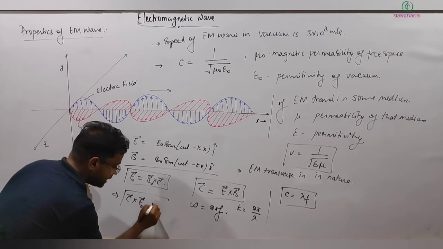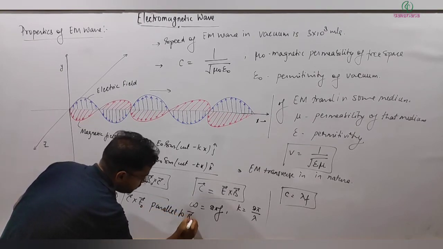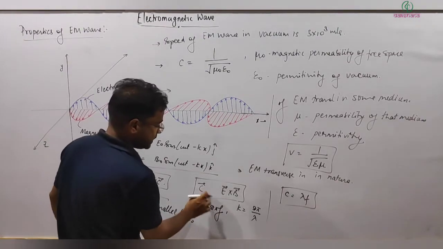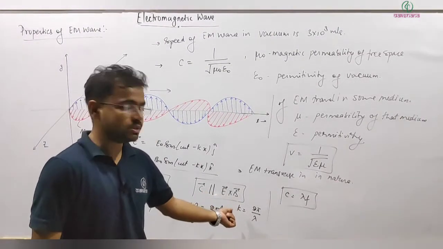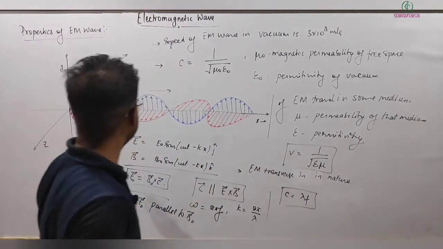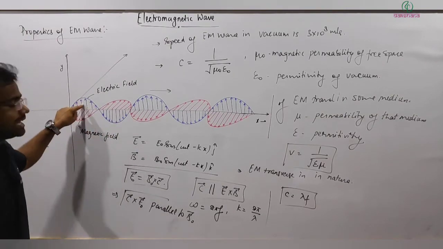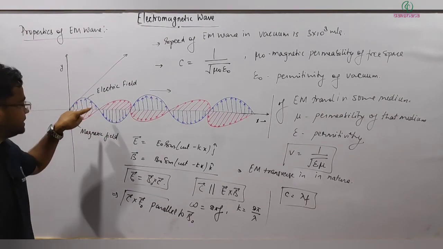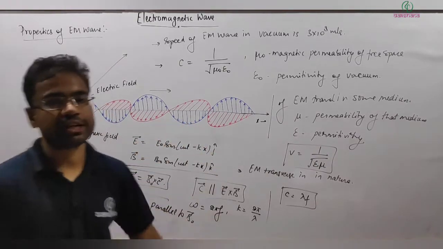So this is parallel to B naught bar, and similarly C bar is parallel to E bar cross B bar, not exactly equal, because magnitude will be different. So these are a few things. Here you can see that changing electric field will produce changing magnetic field, changing magnetic field will produce changing electric field, and that way it travels.